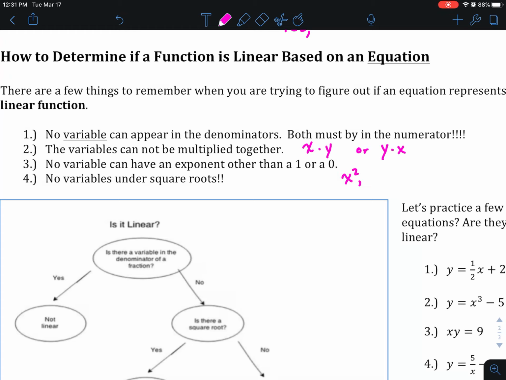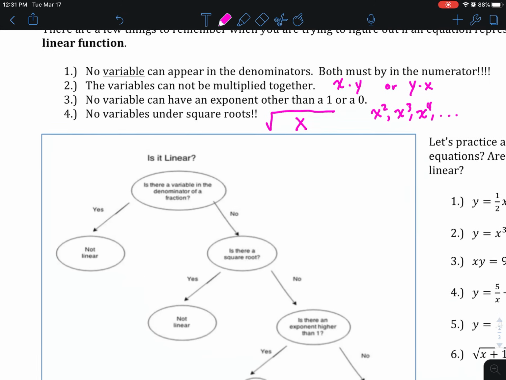So we can't have x squared, x to the third, x to the fourth, and so on and so forth. And lastly, number 4, we can't have any variables underneath any square roots. Remember, this is a square root, okay? So we're not allowed to have a variable underneath a square root.